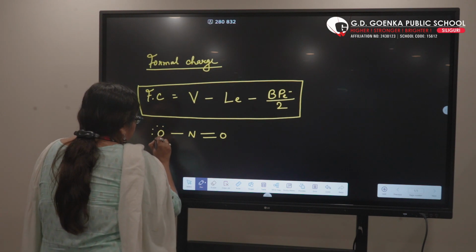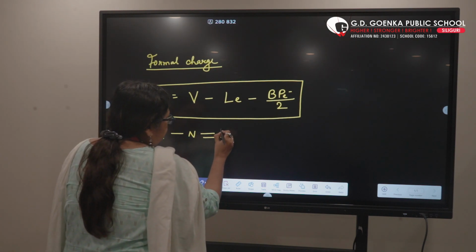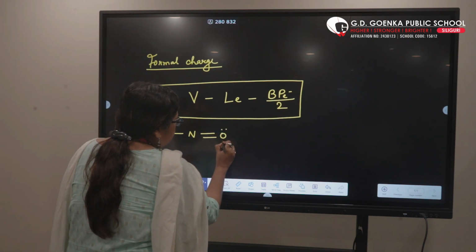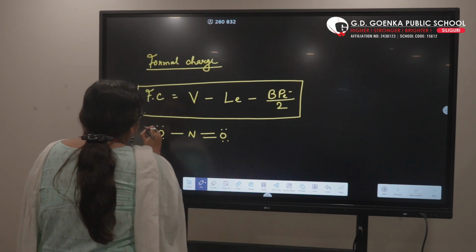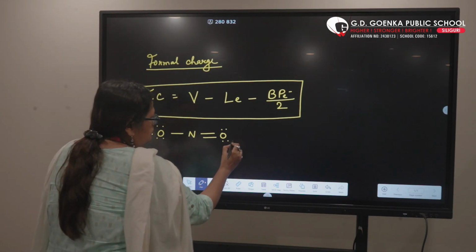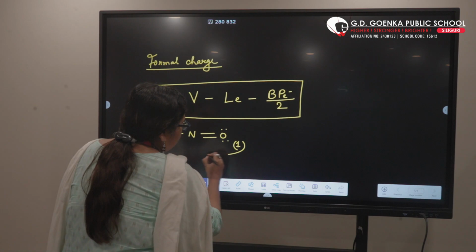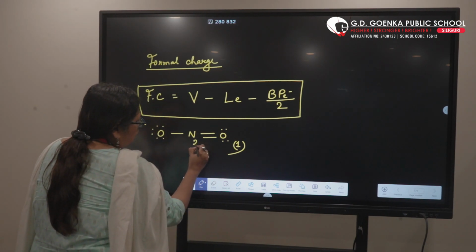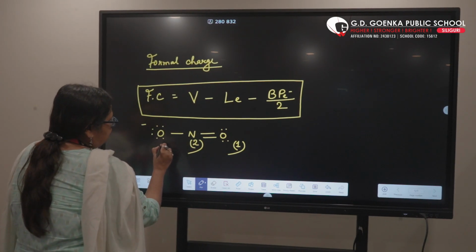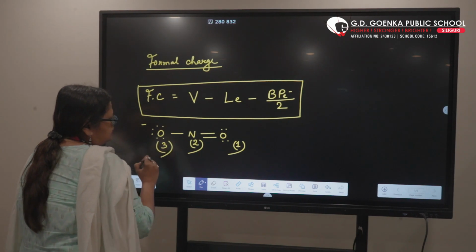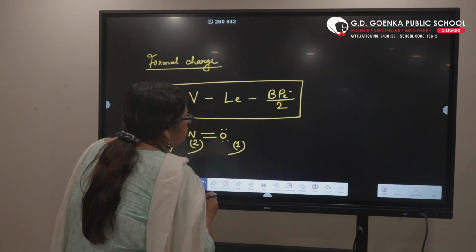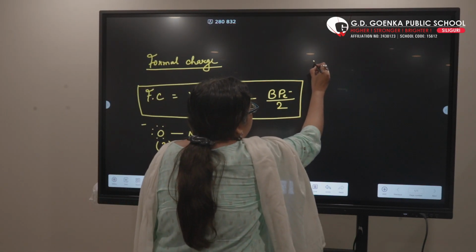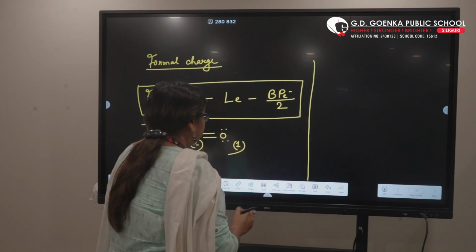In the previous case, we have drawn the Lewis dot structure of nitrite ion, right? So let us number it atom 1, atom 2 nitrogen, and the second oxygen we number as atom 3, and see how we calculate the formal charge.